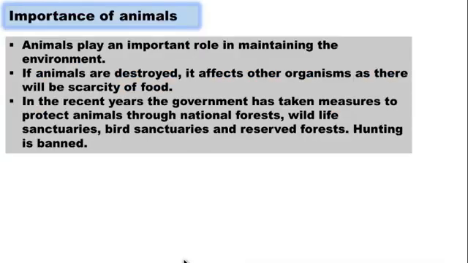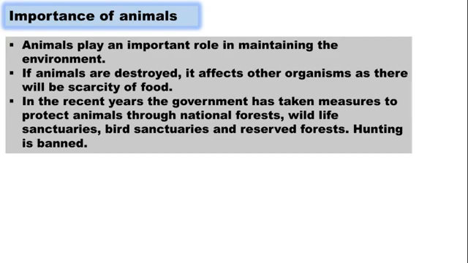The next point is importance of animals. Animals are very important for us in our environment, isn't it, children? Yes, because animals play an important role in maintaining the environment. If animals are destroyed, it affects other organisms as there will be scarcity of food.